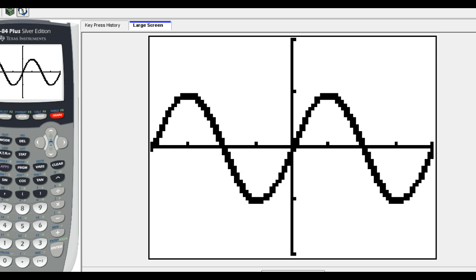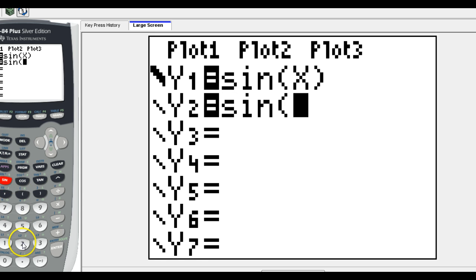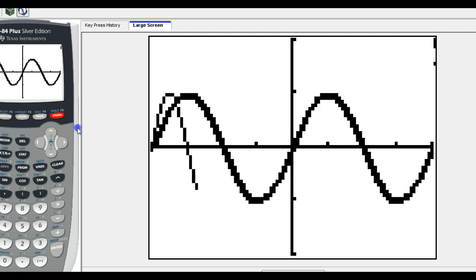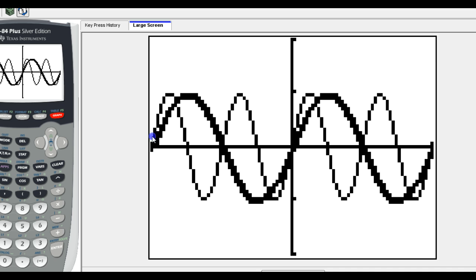So let's see what effect it has if I give it a b value in there. Let's do sine of 2x instead. Let's see what that does. I'm leaving the original function for comparison.